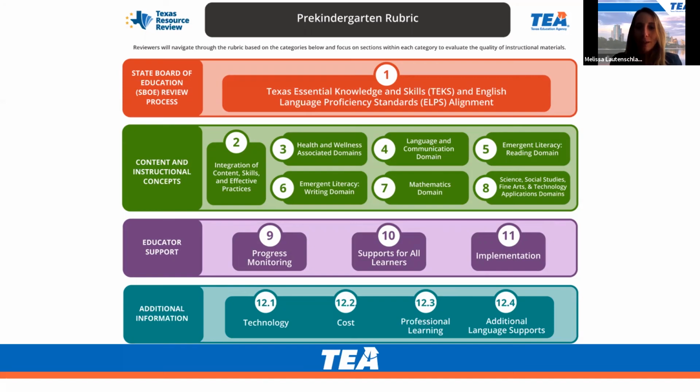Okay. Really appreciate you exploring this rubric. I want to mention again that the materials on the state adopted list, that is a different process in which products are submitted to a proclamation and enter into a contract with the state board to make sure that they have those official bids, and the requirement there is about alignment to the standards.